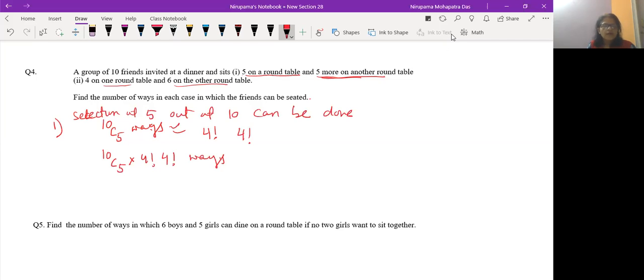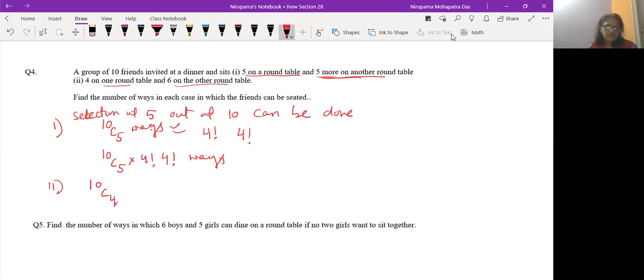Coming to second part, 4 on one round table and 6 on the other round table. So whenever you take 4 on one round table, you have to select them, right? That means out of 10, you have to select 4.